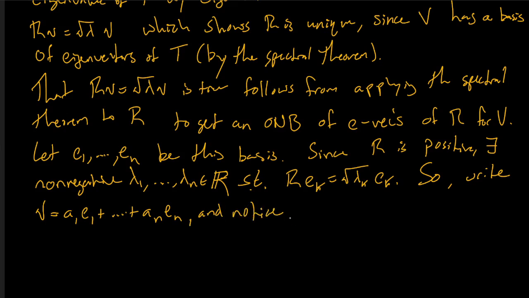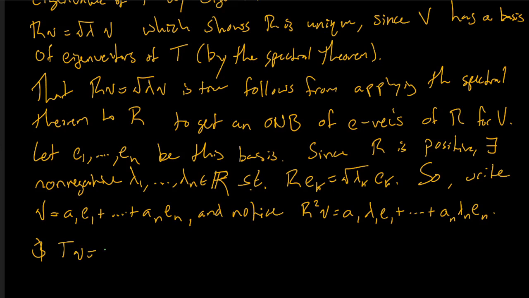Since this is a basis, we can do this. Notice that R squared v is now equal to a1 lambda 1 e1 plus dot dot dot all the way down through an lambda n en.